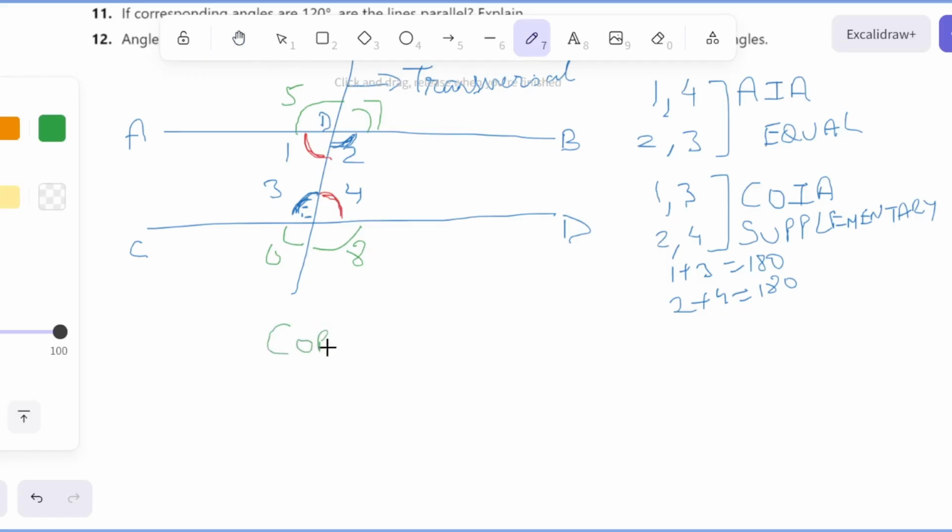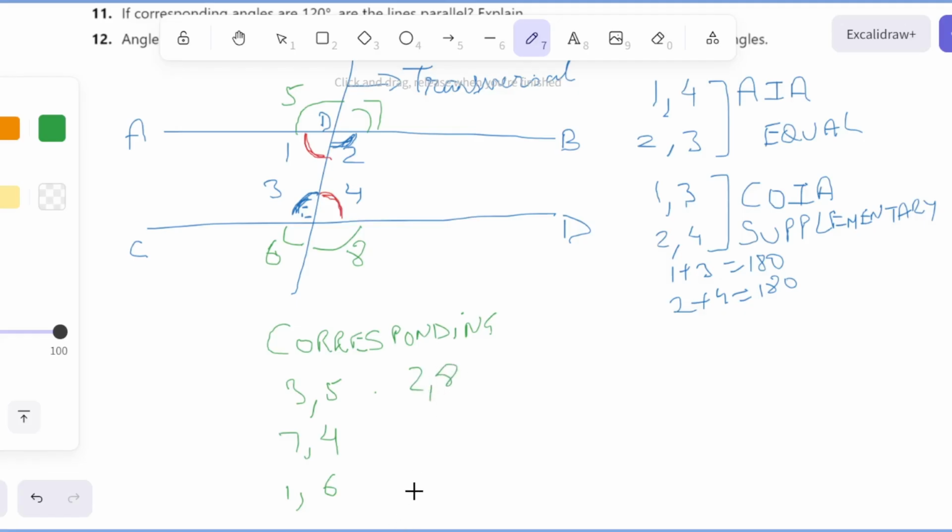Corresponding angles here in this case are 3 and 5, 7 and 4, 1 and 6, this is 6, and 2 and 8.